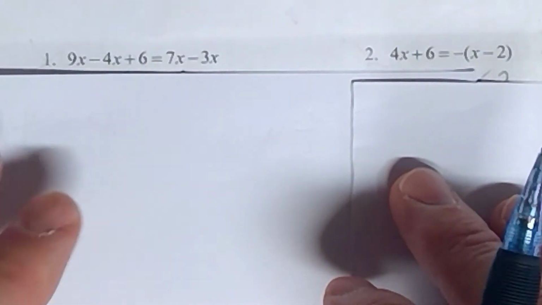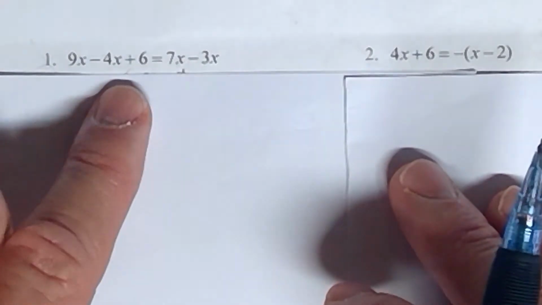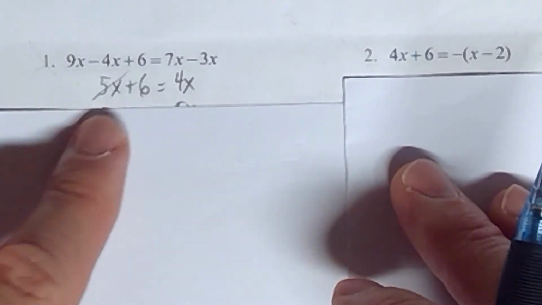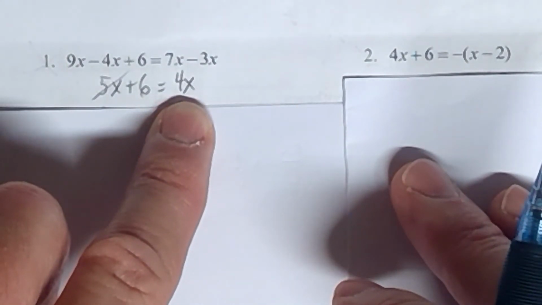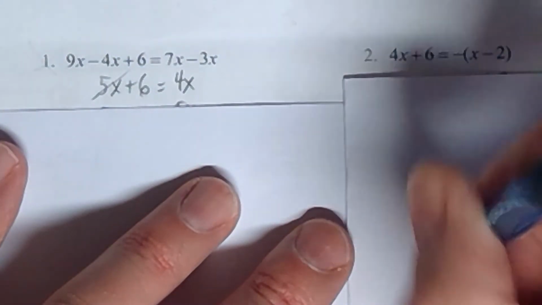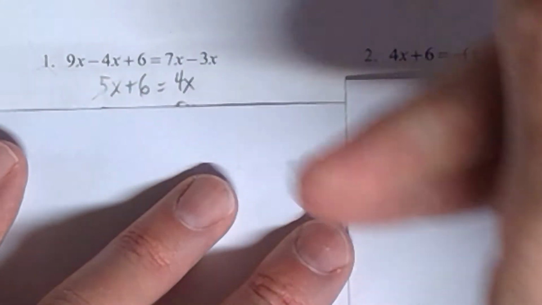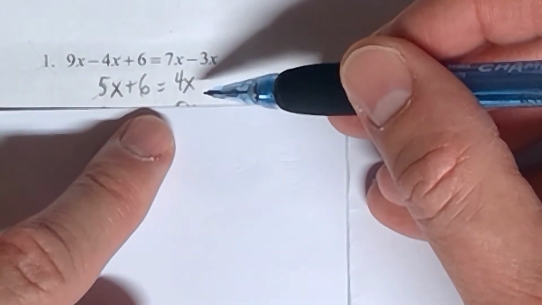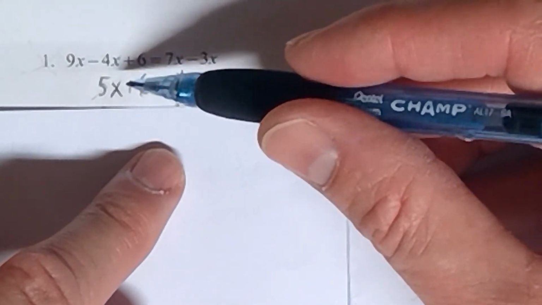But we do need to do the other steps here because there are like terms to combine. We get 5x minus 6 and 4x. We then need to realize that the 5x and the 4x need to be on the same side, but on the opposite side of where the 6 goes.